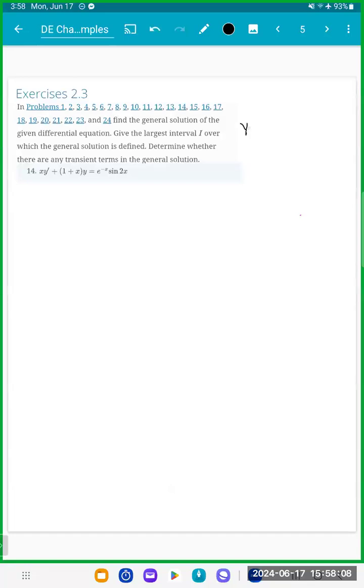Remember, first order is y prime plus p of x, y is equal to q of x, right? So this is a first order linear differential equation. So if we take this problem, we can divide everything by x, right? So we want to divide everything by x.